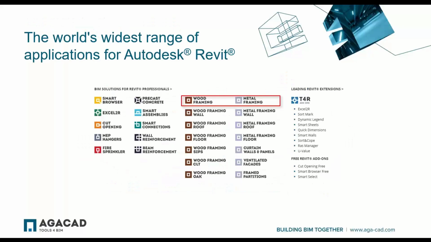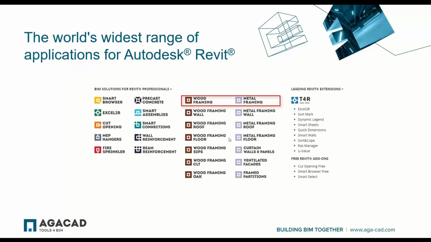The couple of tools or packages we'll be looking at today are wood and metal framing. This is a list of the entire portfolio of software solutions that we have on offer. You can go to agacad.com, our webpage, and go to the products, and then you'll be able to look in more detail into every package that you can see in front of you.